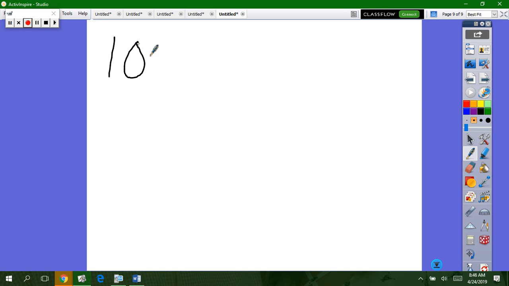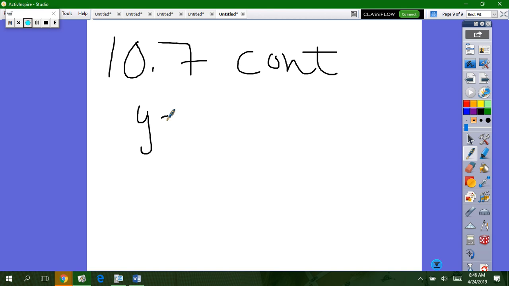So we're going to go back to 10.7, continued. We're going to go ahead and write equations. Let's take a rectangular equation and move it to polar. Rectangular to polar.